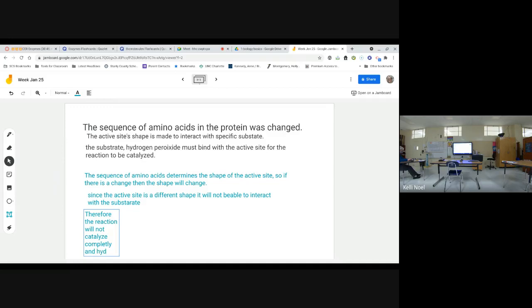and hydrogen peroxide will remain with the water and oxygen that is produced. So something to that effect.